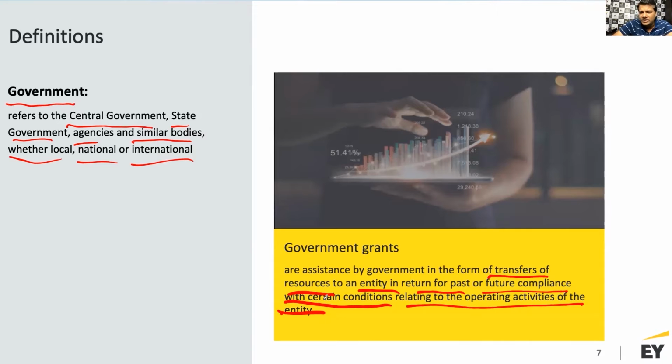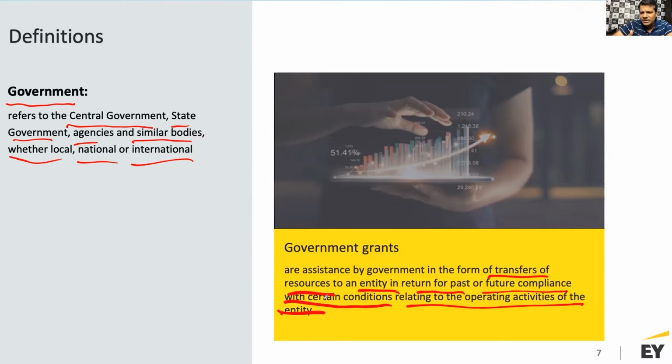So there have to be certain conditions, otherwise everybody will want free money, right? Government can't dole out free money just like that, right? So there have to be conditions, like in this production linked incentive scheme which I talked about.